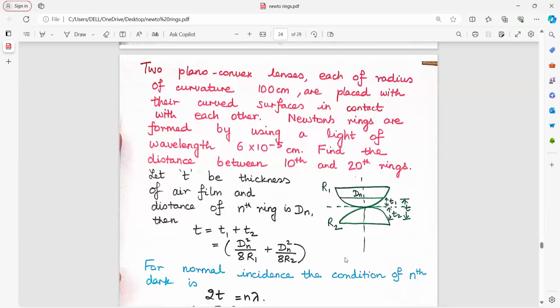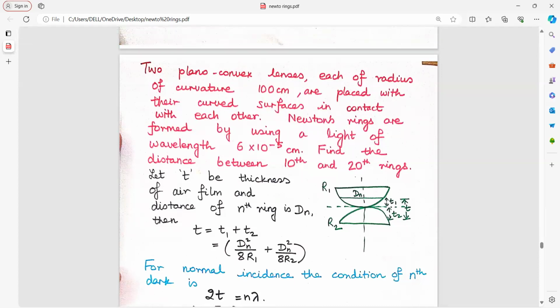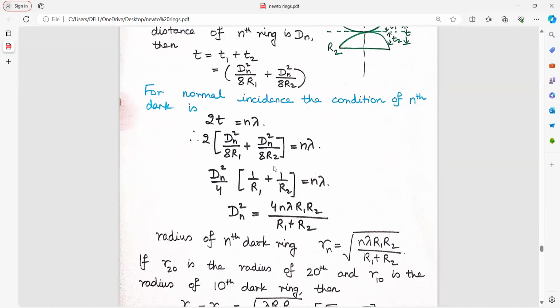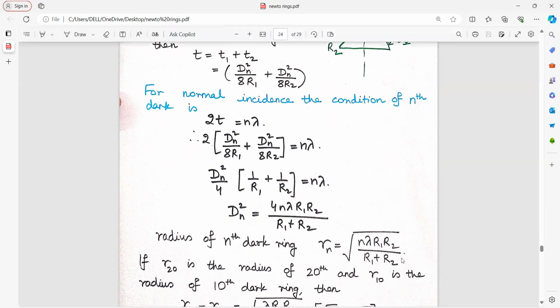Formula for T1 is D square upon 8R, and you put this value in the expression. For normal incidence, the condition of the nth dark ring is 2T equal to n lambda, and the radius of the nth dark ring is given by root of n lambda R1 R2 upon (R1 plus R2). We have in fact just derived this expression in one numerical, and you get it here.